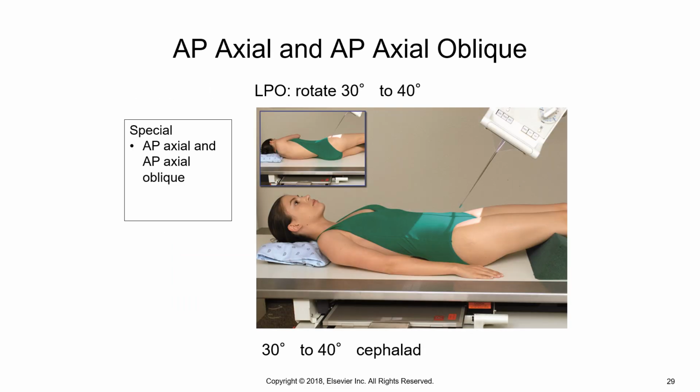Now, our first image, this AP axial, this is going to be kind of confusing, so try to listen and bear with me. The whole point of this particular image is to straighten out the sigmoid colon.